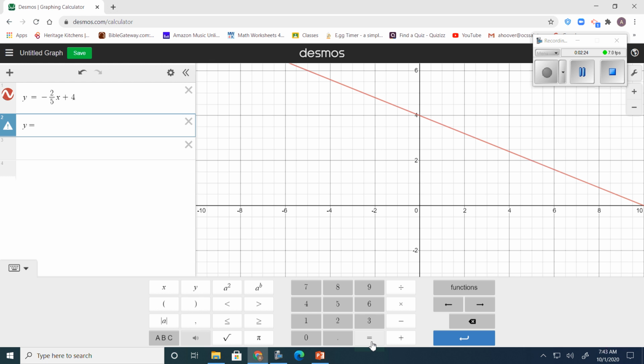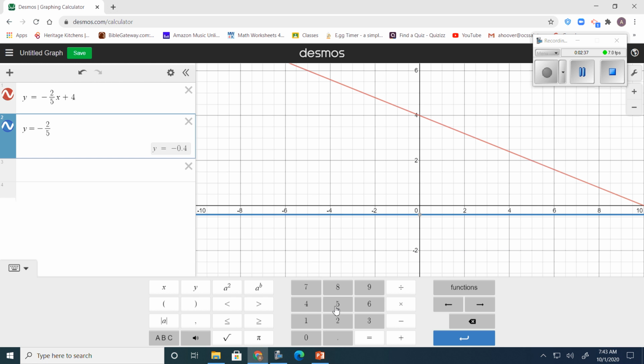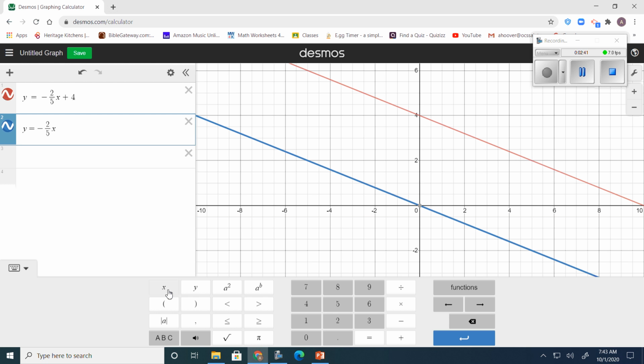So y equals, and let's try the same slope, which would be negative 2/5, and then we want x. Here's x. So that made the same slope. Notice right now that the line pops up and the y-intercept is 0, because in my equation I haven't given it a y-intercept yet. So it's an understood 0 y-intercept.